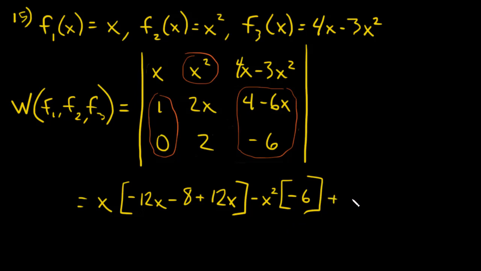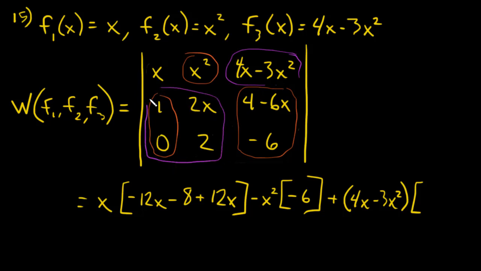And then plus the last one is going to be 4x minus 3x squared times the subdeterminant of this one. So I'm going to get 2 minus 0, so just 2.